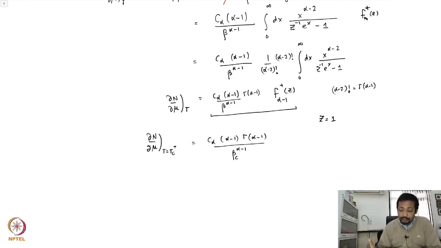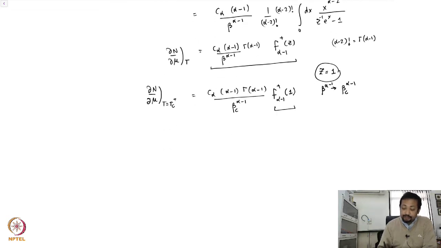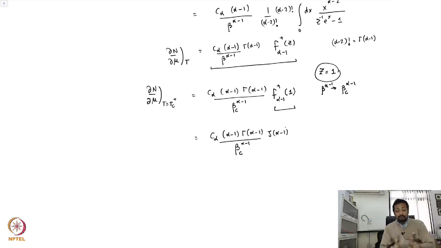So the two substitutions I made: I pick two values, z equal to 1 and beta to the power alpha minus 1 goes to beta c raised to the power alpha minus 1, and this becomes zeta of alpha minus 1. So this function is now C alpha, alpha minus 1, gamma of alpha minus 1 divided by beta c of alpha minus 1, times zeta of alpha minus 1. Of course, we are considering alpha minus 1 greater than 1.